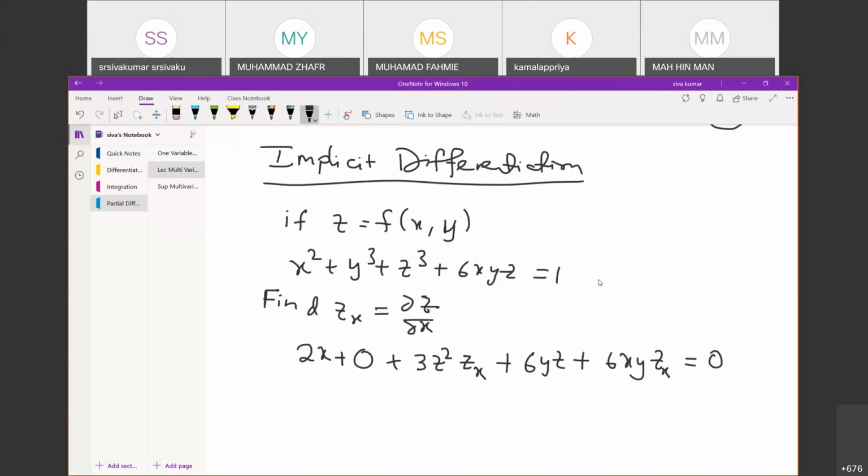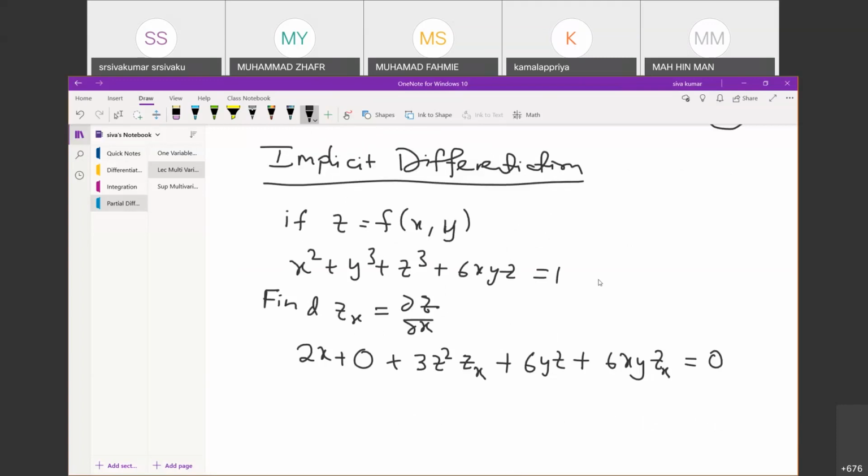Done. Hopefully you can see the equation we got. That means we already solved the implicit differentiation. That's an intro to implicit differentiation.